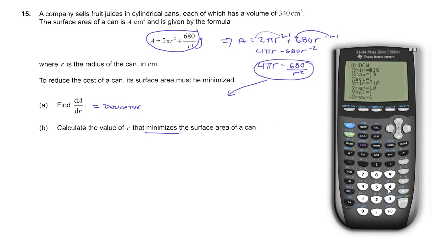Obviously it doesn't make any sense for the radius to be negative, so we're going to set the minimum to 0. Maximum radius, if we've got a volume of 340 centimeters, I'm just going to throw out, like, I don't know, let's see, 200 would be probably too big. Let's just go with, say, 100 for now and see if that works. Scale of 1, we are not too concerned about that. Y minimum is the volume, right?